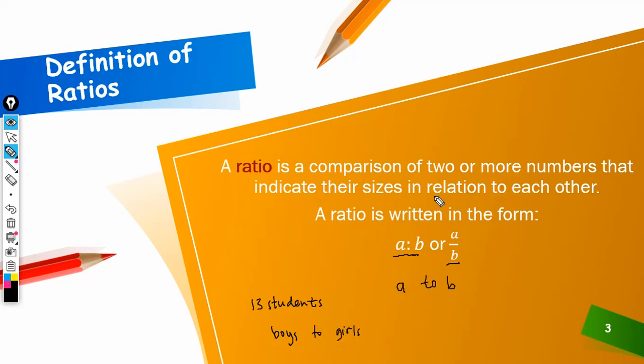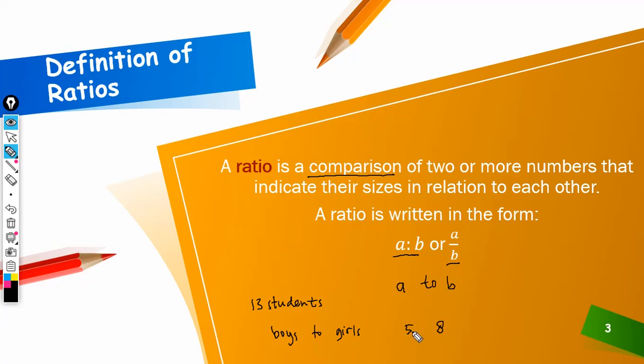Let's say the number of boys is 5, while the number of girls, because there are 13 students, is 13 minus 5, so there should be 8 girls.